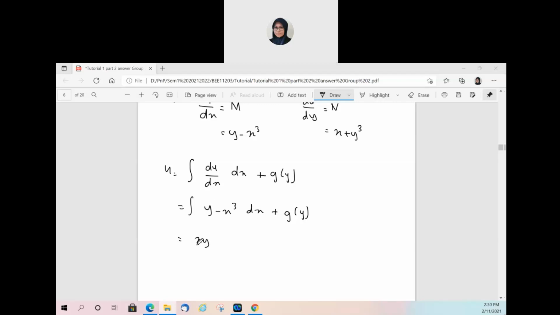Sorry. So you integrate y, you get xy. And you integrate x^3, you get minus x^4 over 4. Plus g(y). Right.